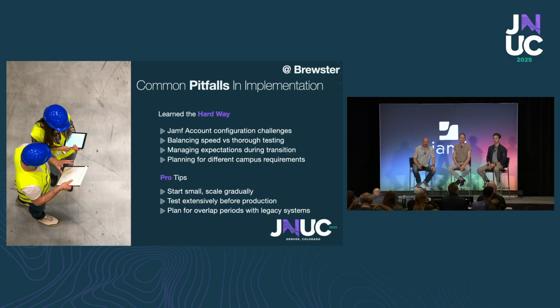So, some common pitfalls, all right? Again, this is the one I've heard from everybody: Jamf account, Jamf SSO, really jump on that. Now, we're a Google institution. With Apple, we didn't have a lot of really crazy things there. There was nothing that got in our way.